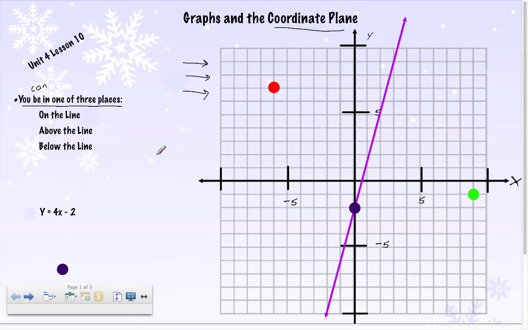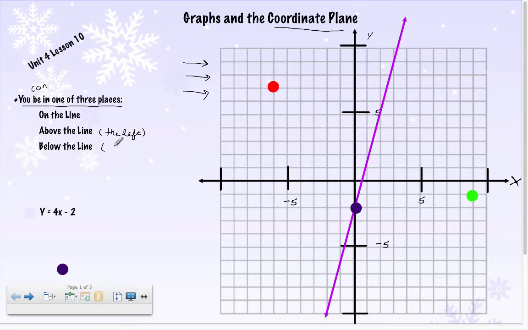Your dots can be on the line. You can be above the line. Or you can be below the line. Now, you may be looking at that saying, well, that red dot doesn't really look like it's above the line, Mrs. Trulin. It looks like it's to the left of the line.